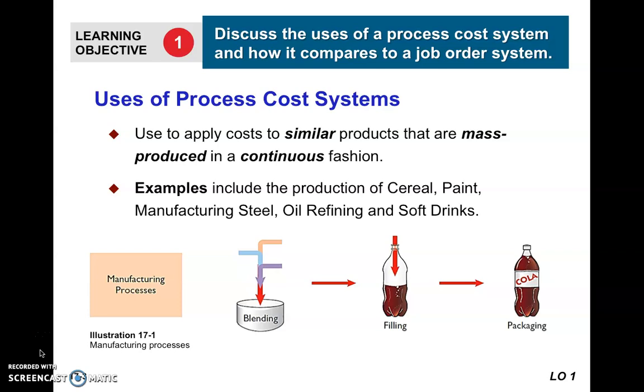And once you're done with your cola being packaged, ready to be shipped, then we take that cost out of the last work in process and put it into finished goods. And once we sell the finished goods, then the finished goods becomes cost of goods sold, and we will have revenue by receiving cash or the customer putting it on credit.